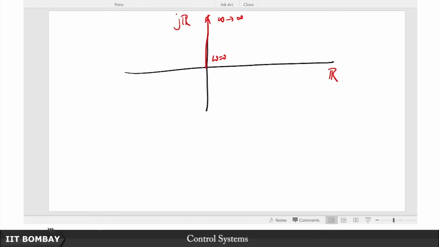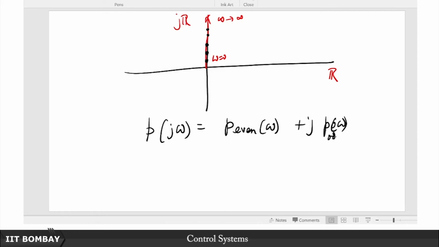If you go through this paper, what they have done is strategically choose some special points. Instead of evaluating at every point, they have chosen some discrete points. Suppose you have P(j omega), which is given by P even(omega) plus j times P odd(omega).